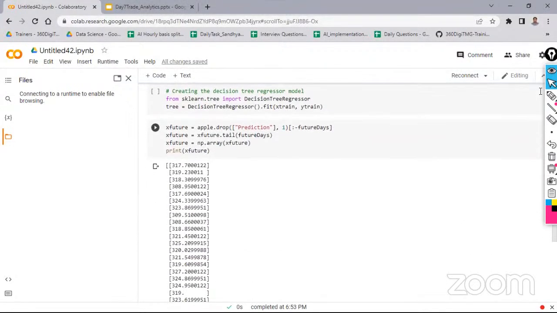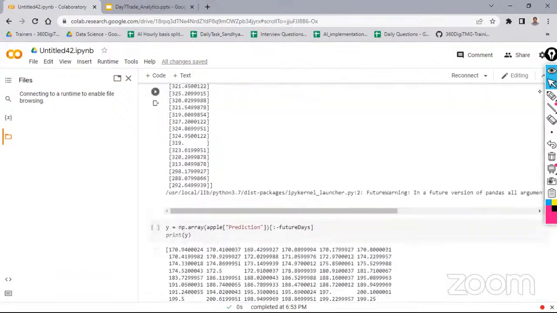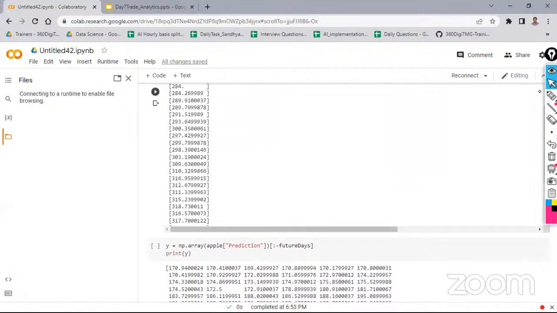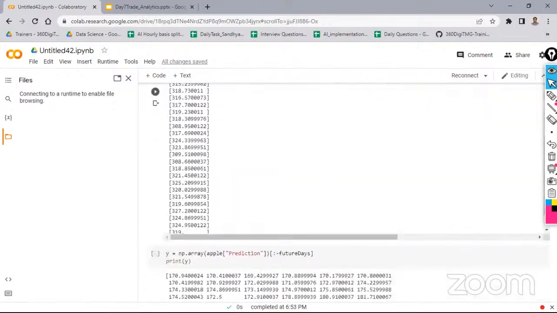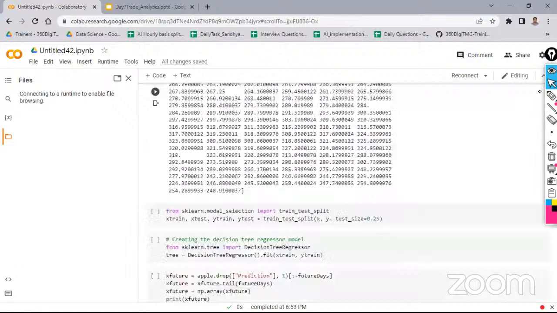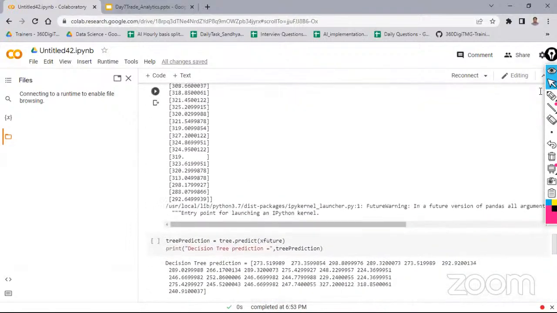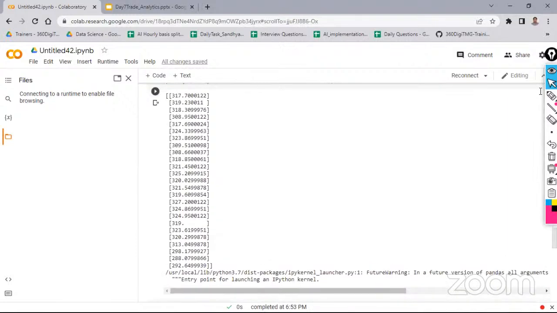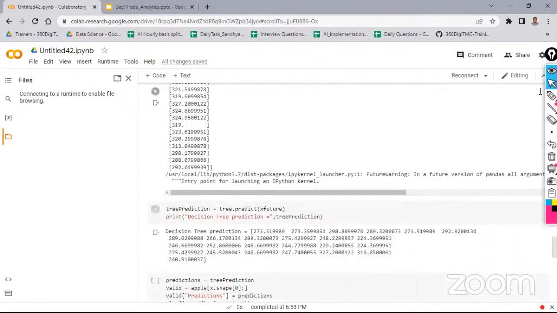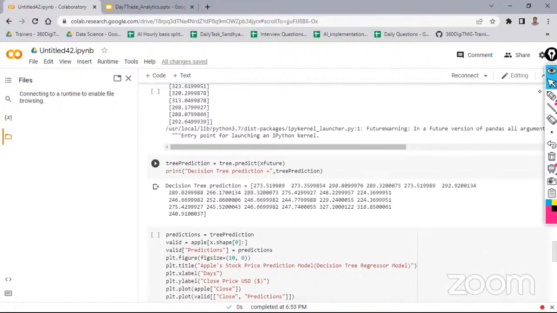So now it is going to predict and it is going to consider only the future days, which are below. So you can see that only these values will be taken from 317 till the end. So that is the last 25 days. Okay, so it is considering that. So from 317 to 298.